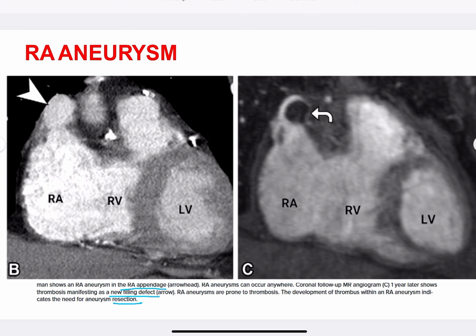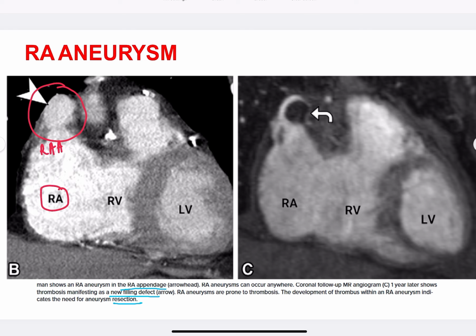Now this is the first image. We are learning about right atrium aneurysm. Here in the first image, on the left hand side, there is this focal outpouching that is arising from the right atrial appendage, RAA. Now this patient was followed, and after 1 year, let us focus on the second image.